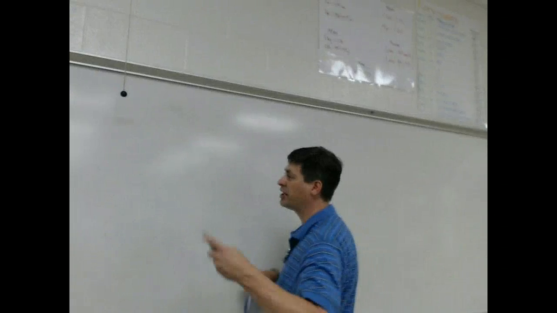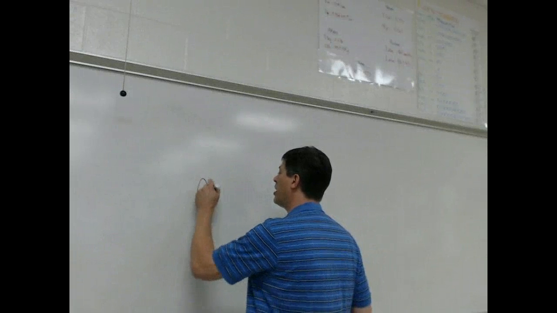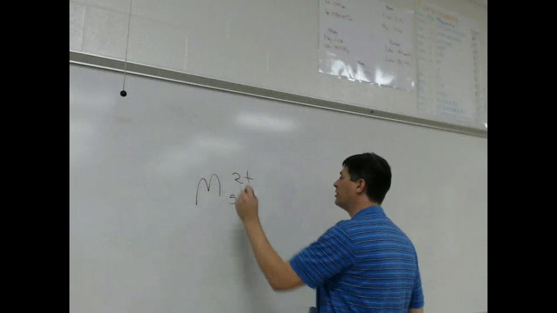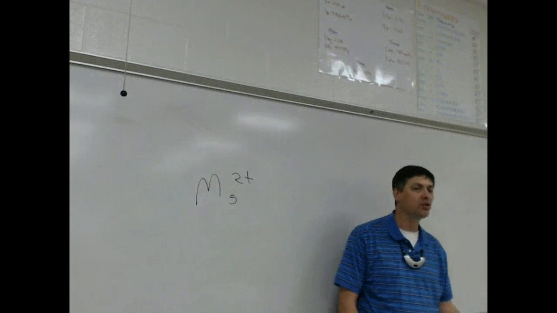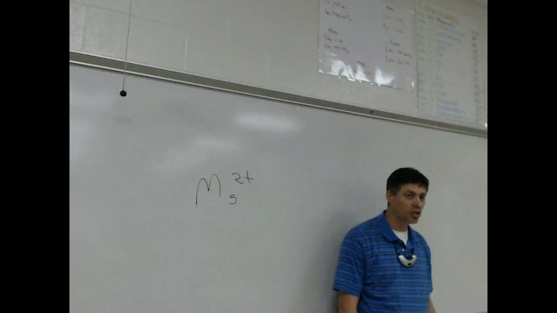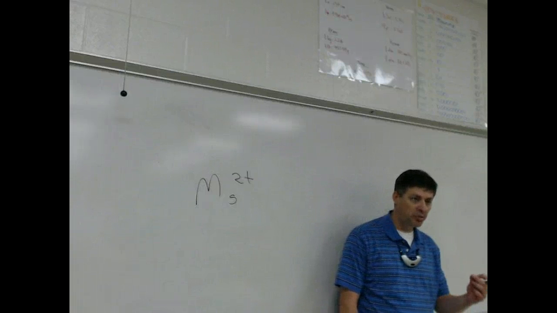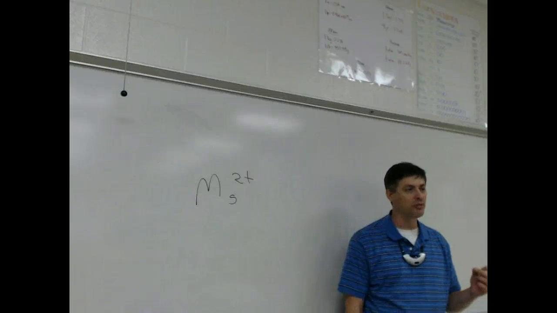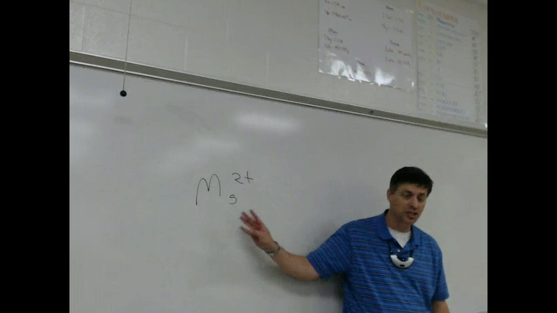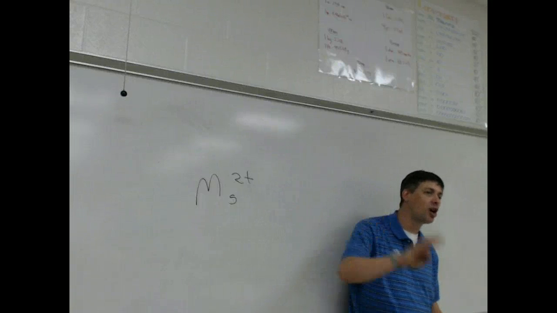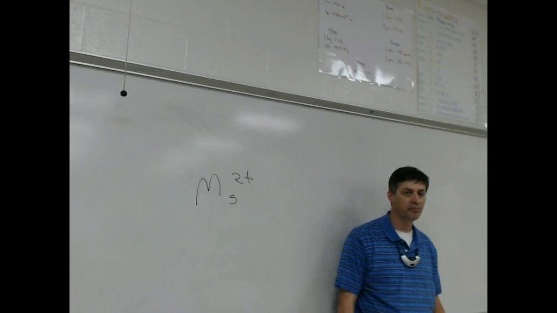For a magnesium ion, I always told you that was magnesium 2+. If I asked what's the charge on a magnesium ion, some people will say, what's the oxidation number? In this instance they are the same thing, but charge is not always oxidation number.